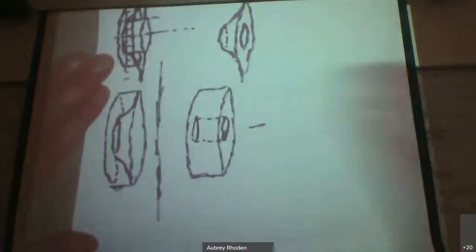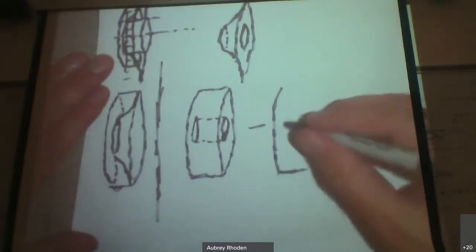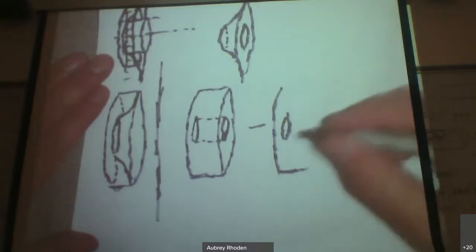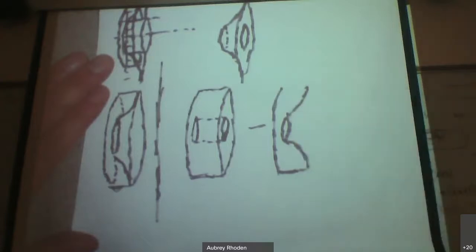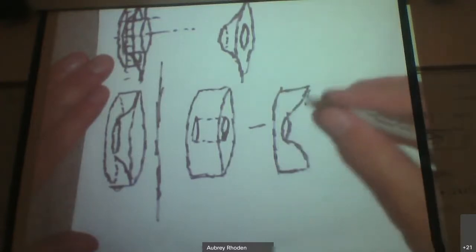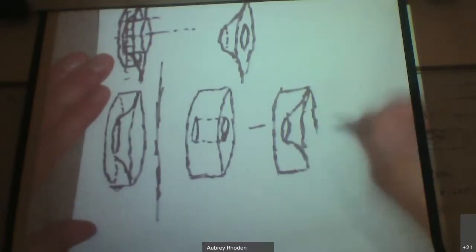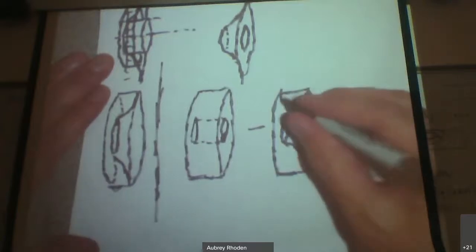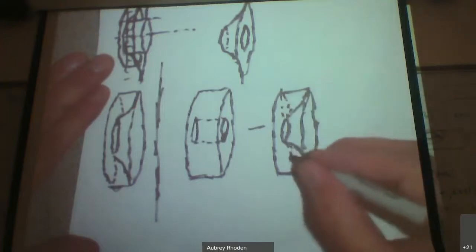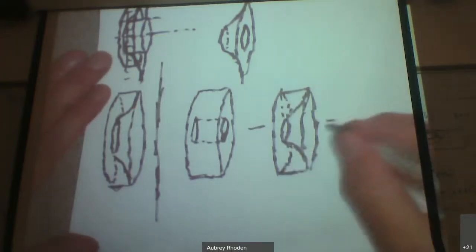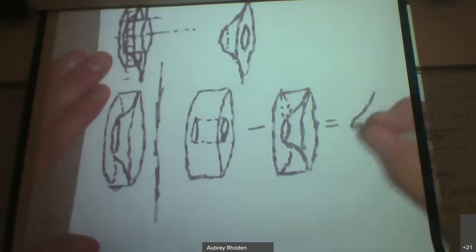And then if I subtract out that volume that I'm getting right there, something like that, then that will end up equaling the volume with the hole in the middle.